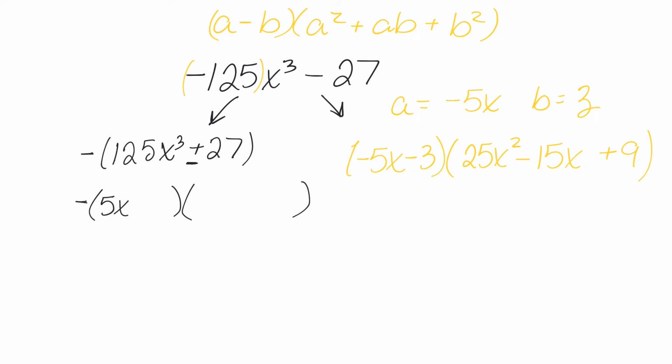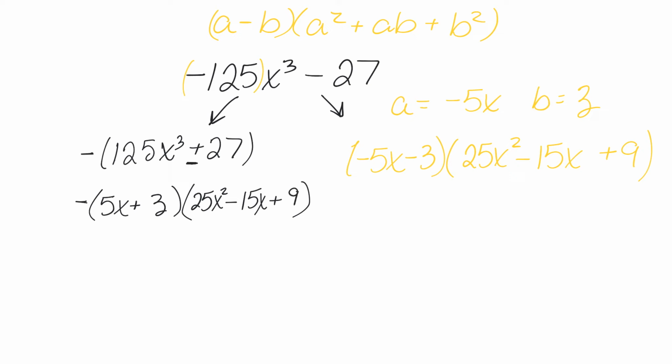So sum of cubes, we're going to have same, opposite, plus. So this was 3. And then 25x squared, and then you're going to have 5 times 3 is 15x, and a 9, because I know how to multiply.